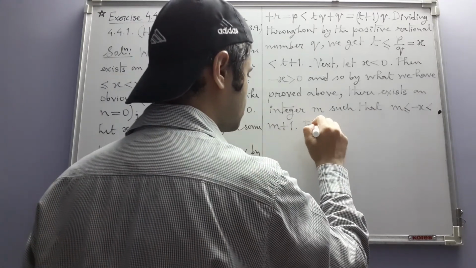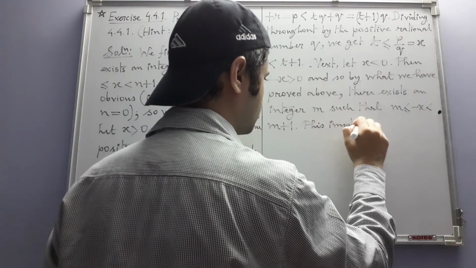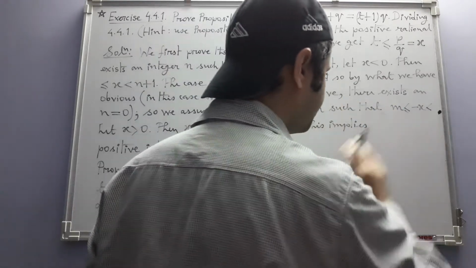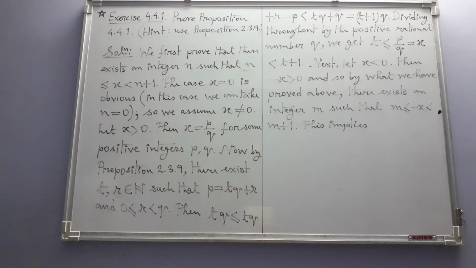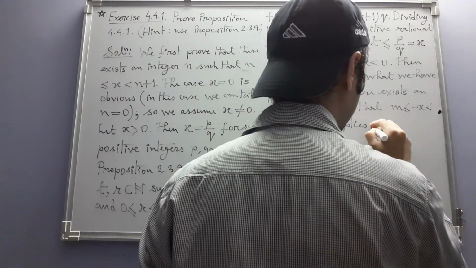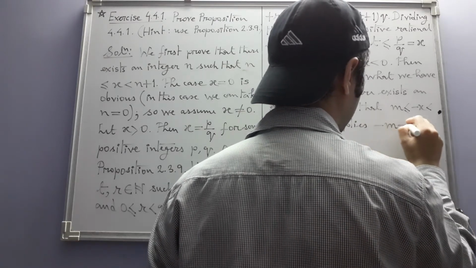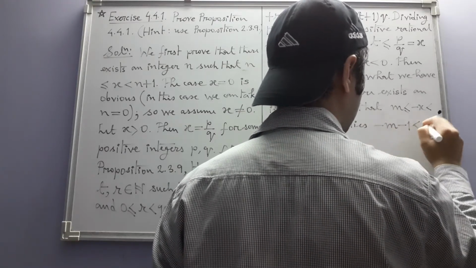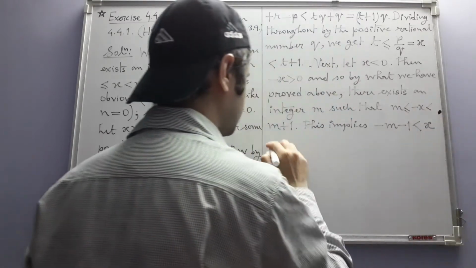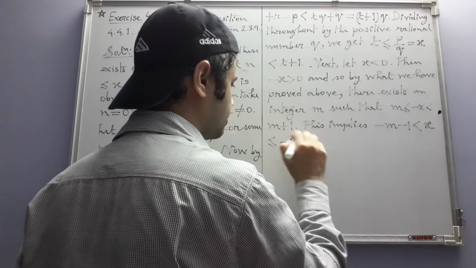This implies, if you now multiply throughout by minus 1, you will get these inequalities. Minus m minus 1 is strictly less than x, and x is less than or equal to minus m.